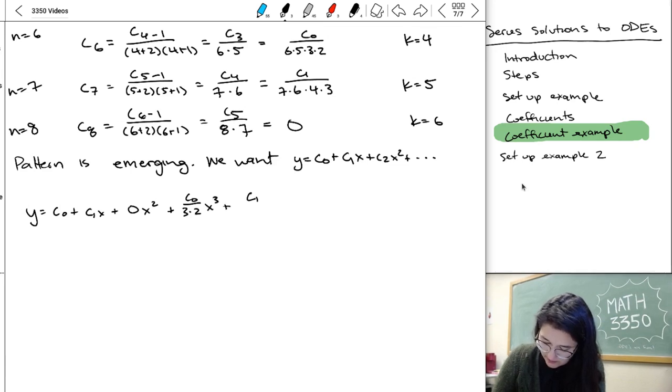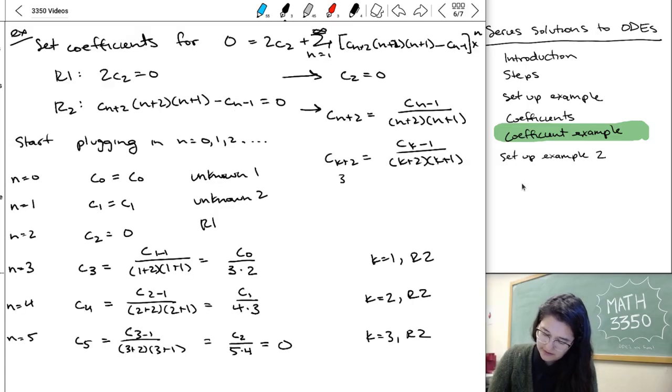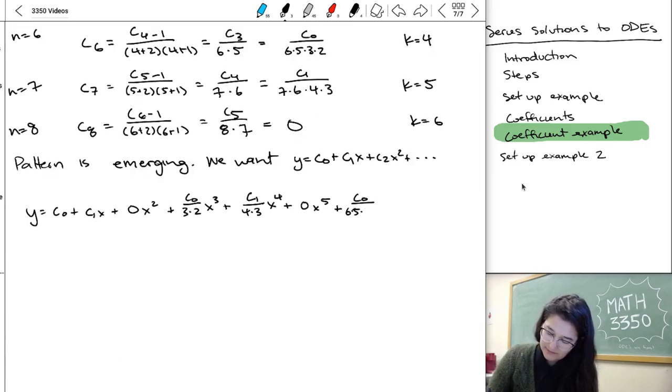That means my next one was c1 over 4 times 3, x to the 4th. Then I had a 0, x to the 5th. Then for my 6th term, I went back to c0, and this is where I skip 1. Oops, sorry. Managed to switch pages on you.